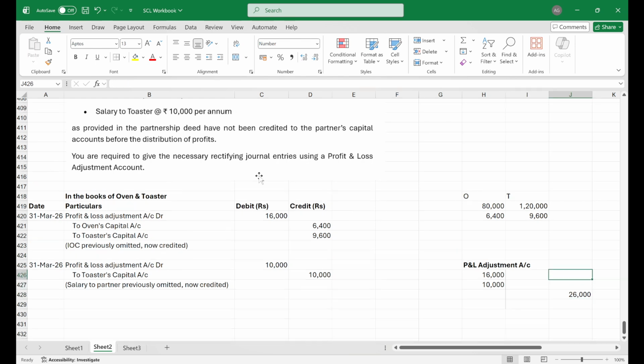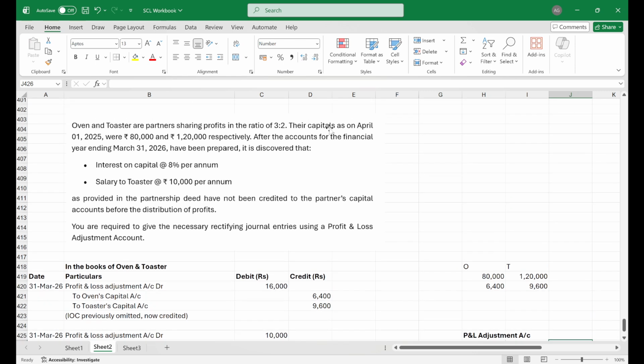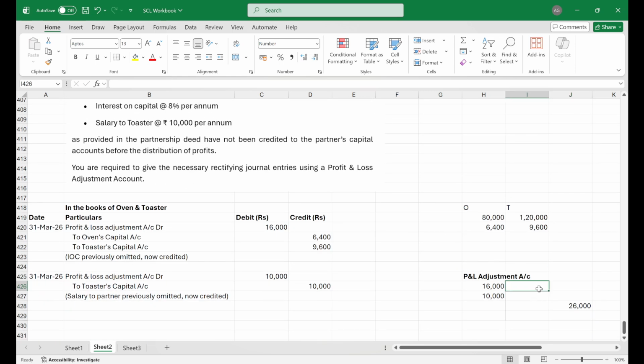Therefore, this 26,000 of loss will be distributed to Oven and Toaster in their profit sharing ratio. So what is the profit sharing ratio? It is 3:2. Therefore, let me distribute 26,000 into 3 by 5 and 26,000 into 2 by 5. So the resulting divisible loss is distributed between Oven and Toaster in the ratio of 3:2. So Oven will be debited by 15,600. Toaster will be debited by 10,400.